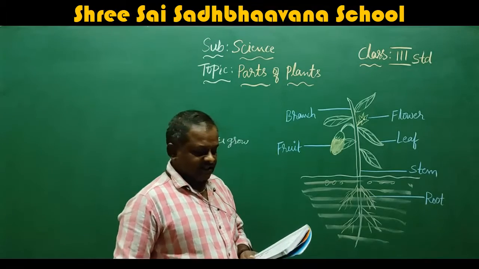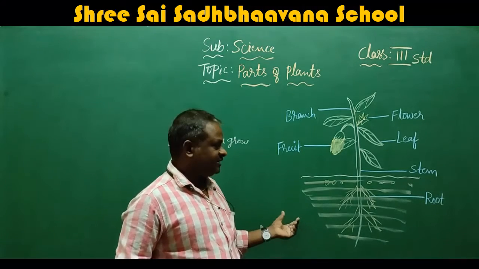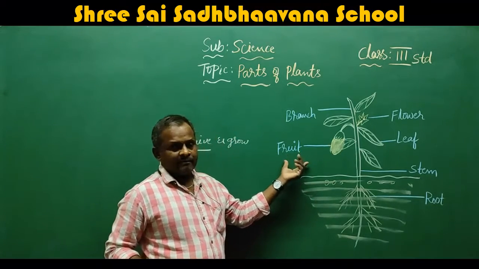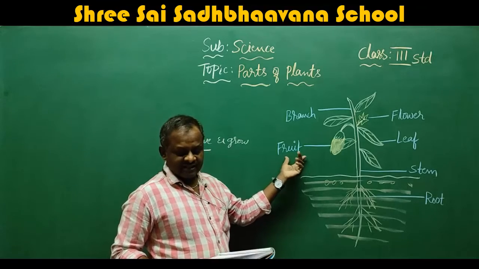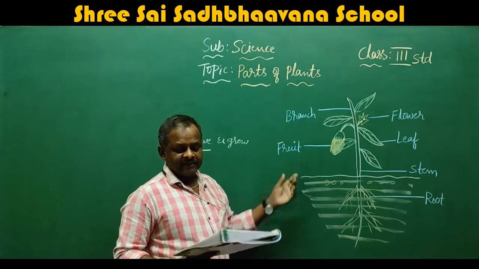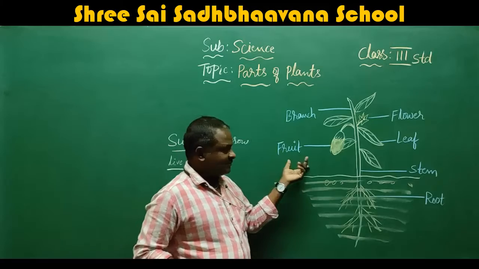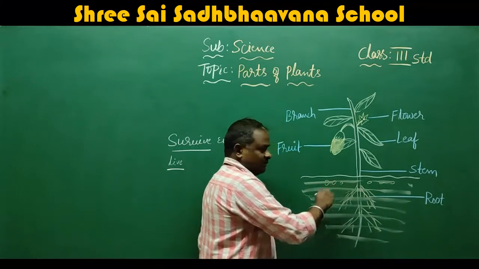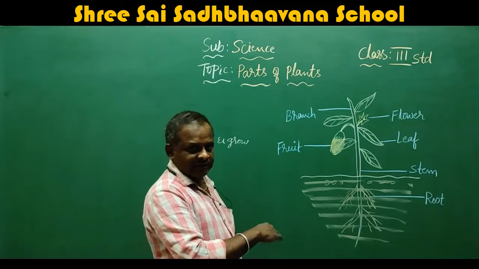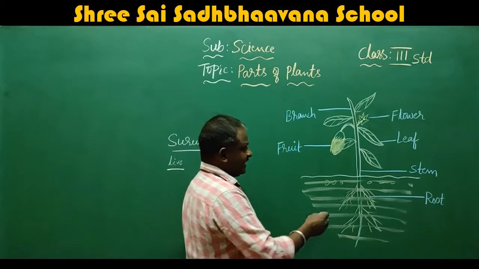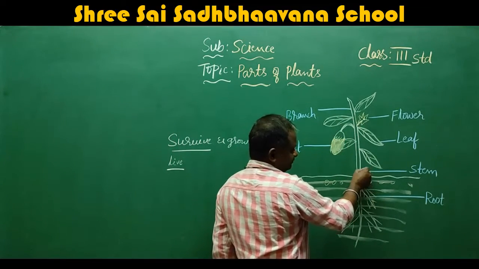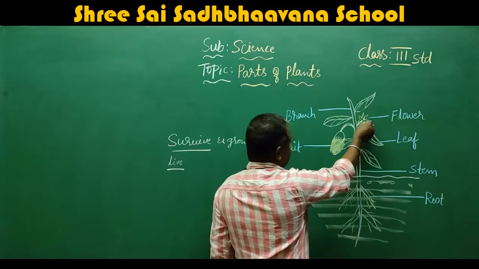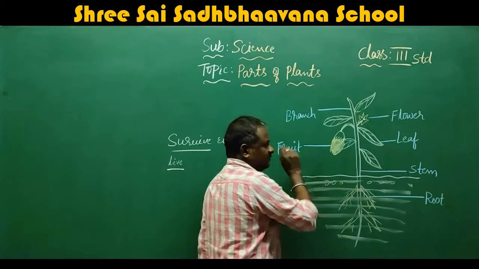So let us study the different parts of a plant in this chapter. I have written on the board, these are the main parts of the plant. First one is root, which is below, under the ground. Next is stem, then leaf, flower, branches, and fruit.